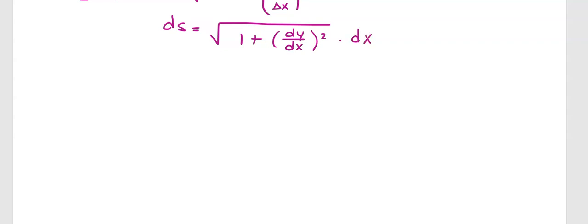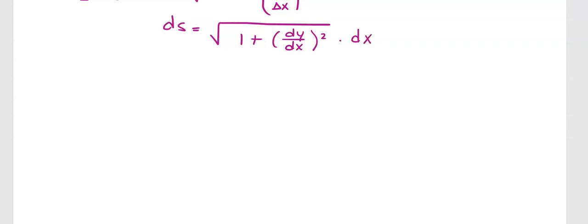So we would have ds is equal to, and then all of these delta y and delta x's would become the dy and dx terms. So 1 plus, using the definition of the derivative you learned in Calc 1. So here we go.